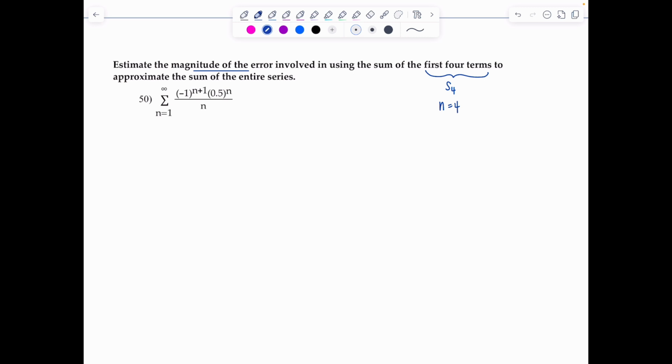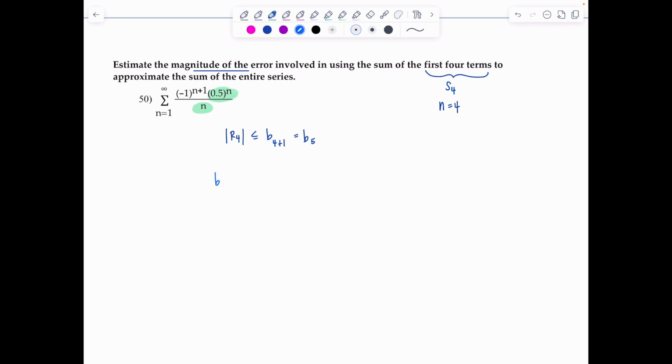How off are we? So the remainder or the error from summing up the first 4 terms by the alternating series estimation theorem is less than or equal to b sub n plus 1 or b sub 5. So literally just find b sub 5 and that's your answer. Can you identify what b sub n is? It's all the stuff without the alternating part.